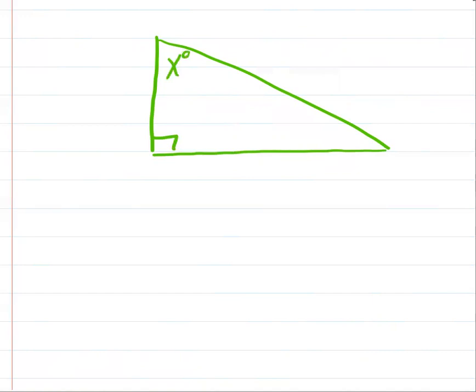Let's imagine that we have a right triangle right here, and this is x right here.